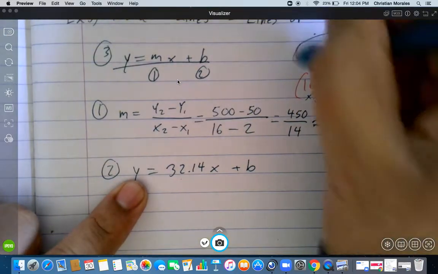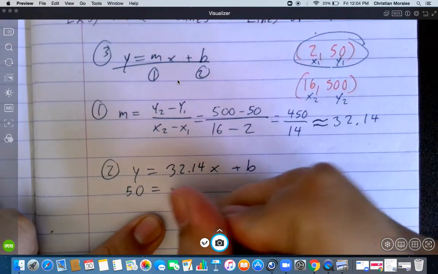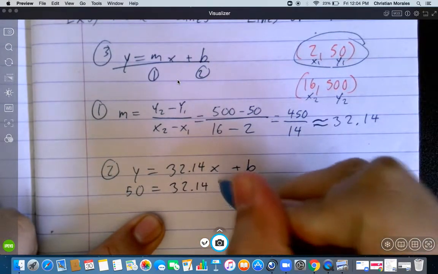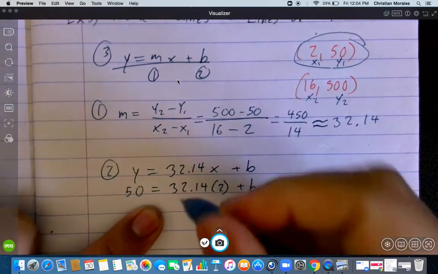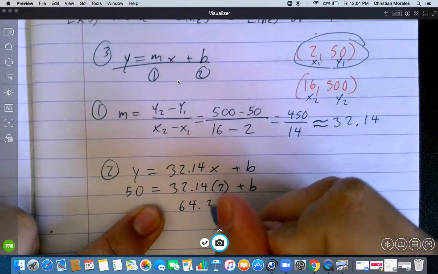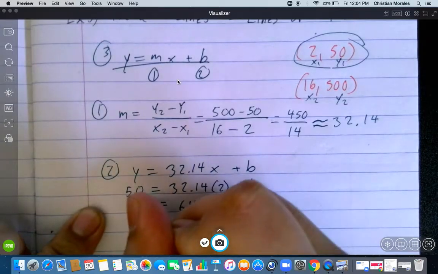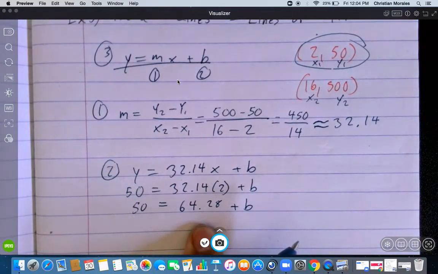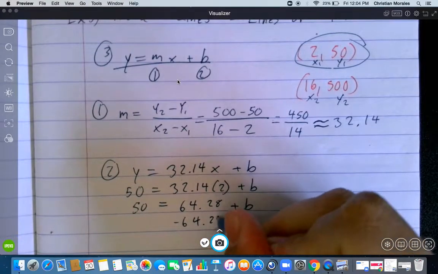I'll plug in 50 over here and 2 over here. I multiply this times 2, I get 64.28 plus b equals 50. Okay, I've got to subtract from both sides.